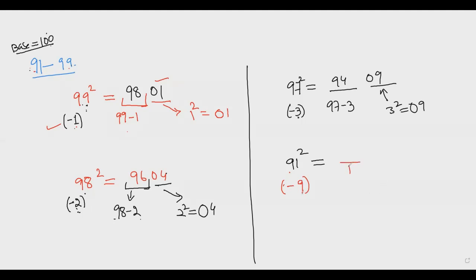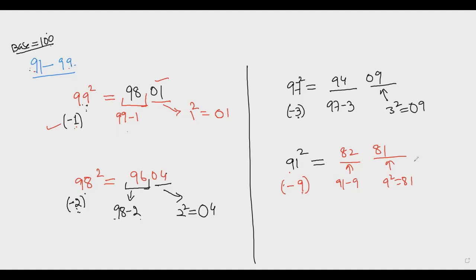So 91 minus 9 will be 82. Then last will be 9 square. 9 square is 81, so we put 81 here. So 82, 81. You can check the answer also if you don't believe it. This is the logic behind finding the square from 91 to 99.